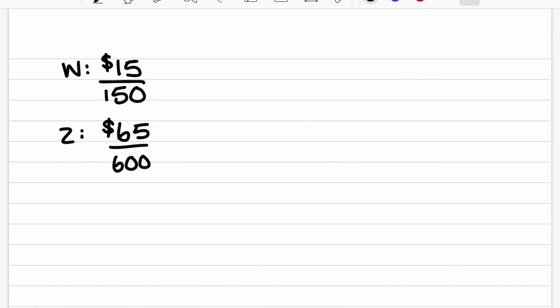And what we're looking for is $45 for 450 delivered. Now the easiest thing to do is just to simplify these down by using division. So 15 divided by 150, 0.1. So you're getting 10 cents per flyer.